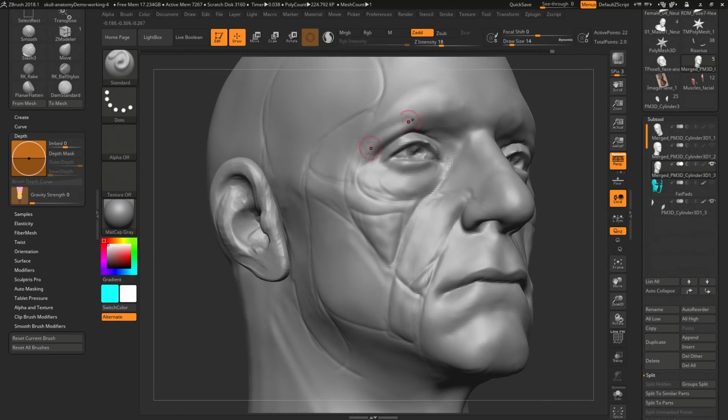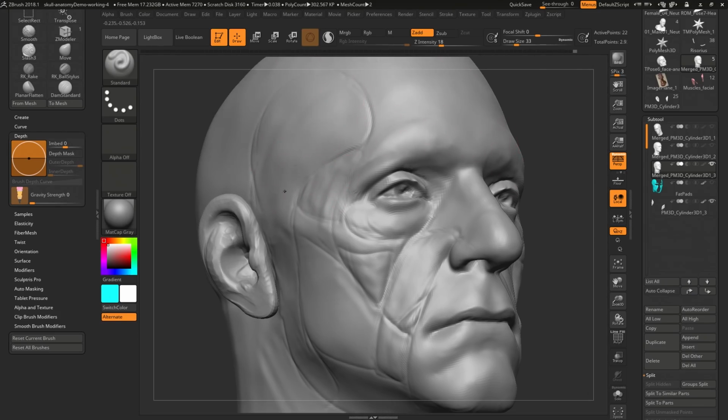Okay, ROOF. I'm just going to throw a little bit of fat in there and a little bit of crazy surface.